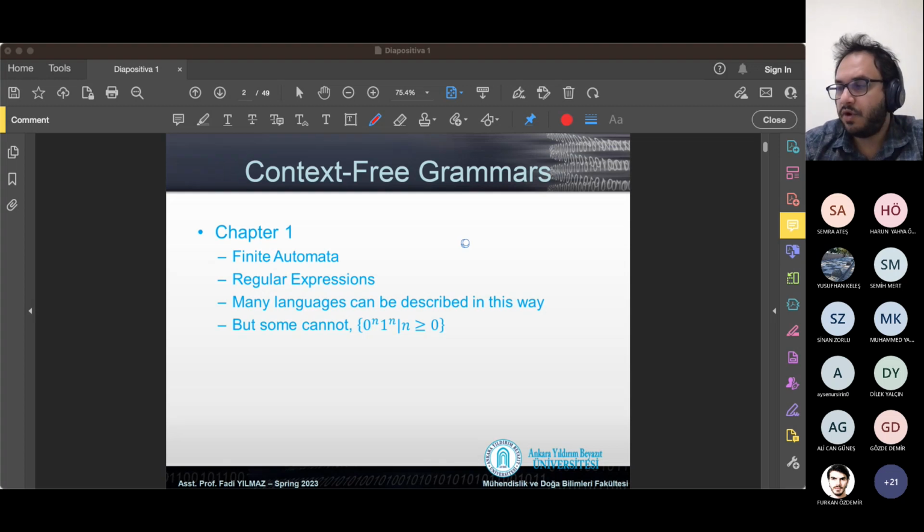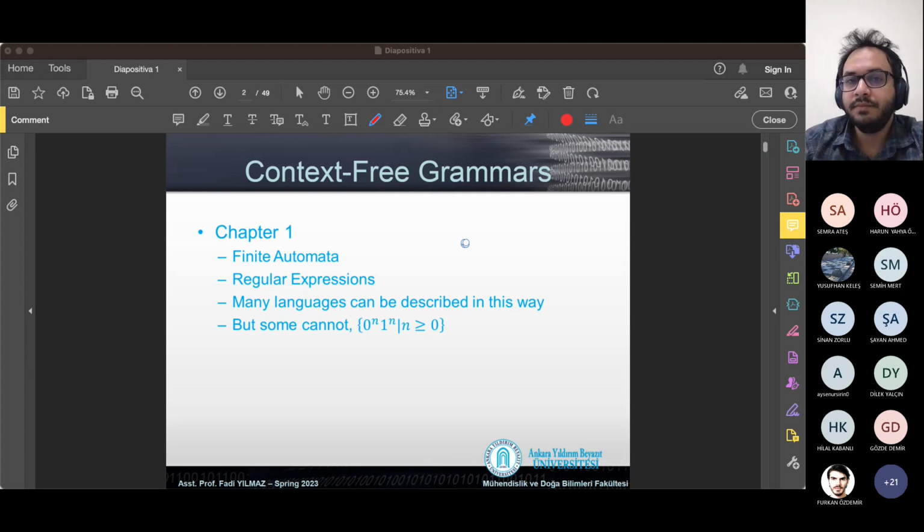We discussed determinism and non-determinism, and we said that non-deterministic finite automata and deterministic finite automata are equivalent in power. They represent the same set of languages, right? Which means there is no language which can be represented by an NFA but not with a DFA. There is no such regular language.